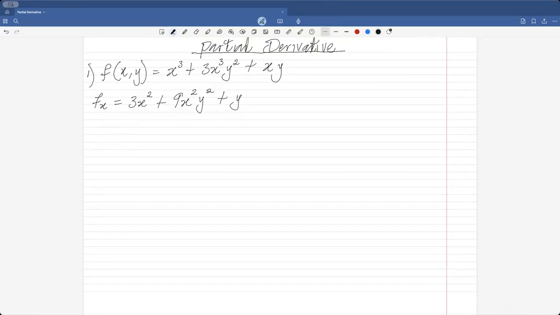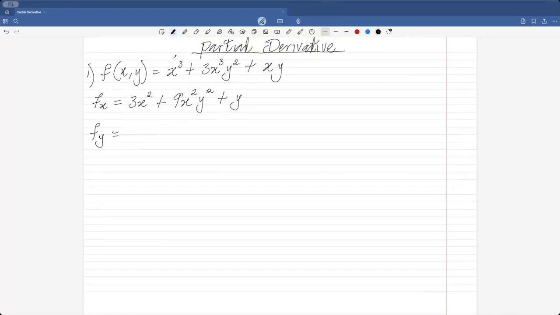In some cases, we can be told to find f sub y. So in this case, x becomes the constant. So the derivative of x cubed is 0.